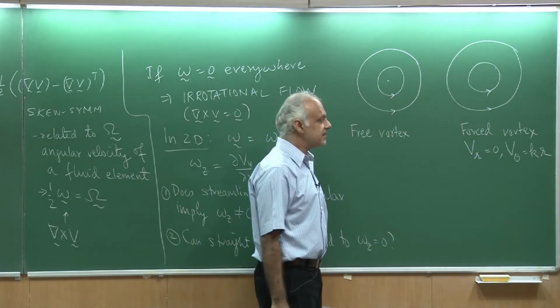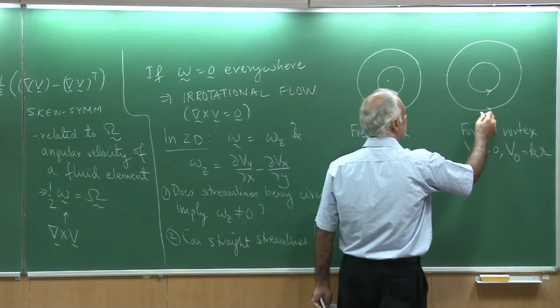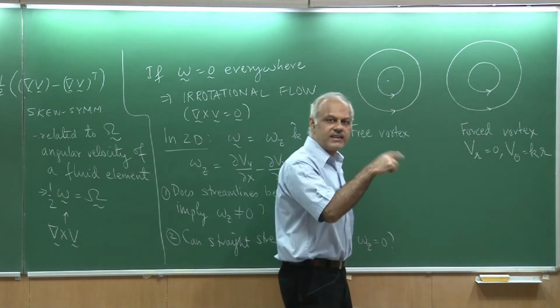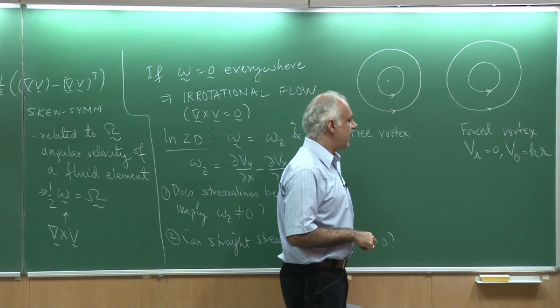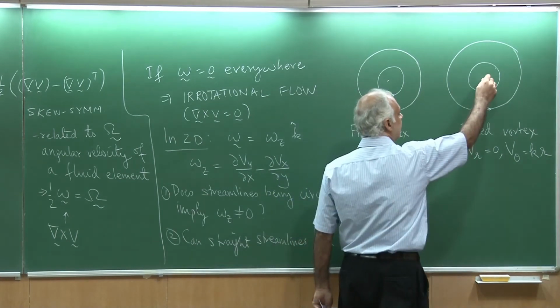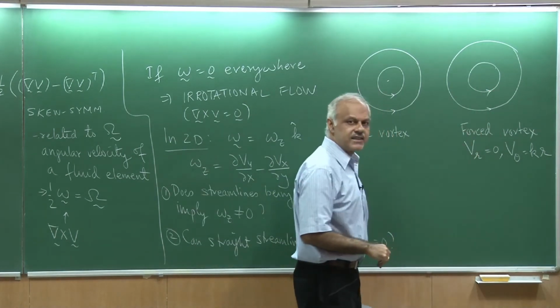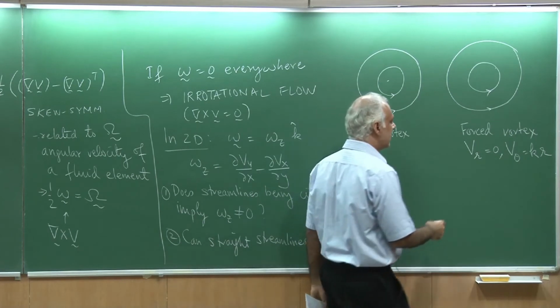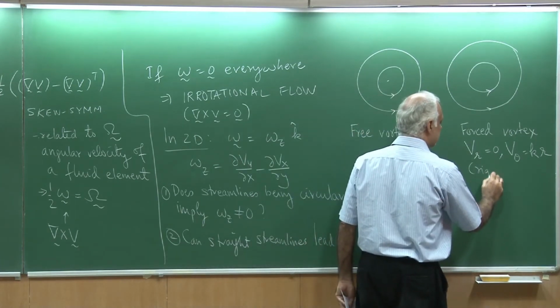What that means is that there is no radial speed, so there is only a tangential speed, and it varies linearly with increasing r. Okay, so it is almost like a rigid body motion.